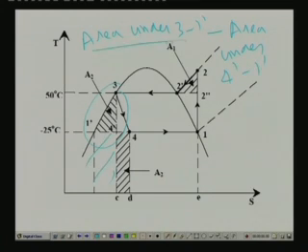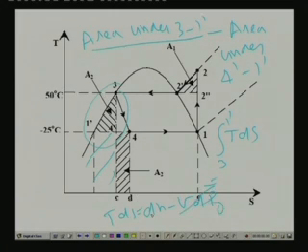Area under 3 to 1 dash is integral TdS from 3 to 1 dash, and you can use the expression TdS equals dH minus VdP. Since we are assuming that this line is an isobaric line, VdP is 0. So TdS becomes equal to dH, and finally this is nothing but H3 minus H1 dash.